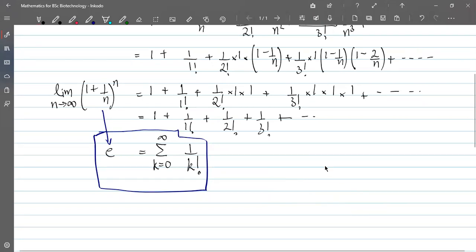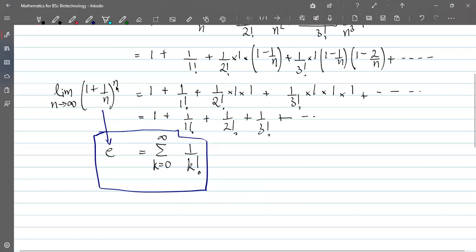Right, we evaluated this approximately in the calculator by considering larger and larger values of n. So if you take n equal to 1, you will get 2 to the power of 1, which is 2.